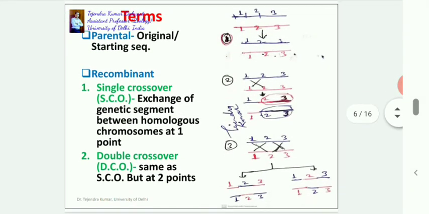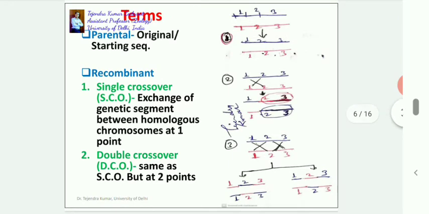Some other terms here are parental and recombinant. What is parental? The parental sequence is the original sequence from where you start the question. So the starting sequence is called the parental sequence. Suppose you are working on an experiment and you find a sequence, then you say this is the parental sequence.